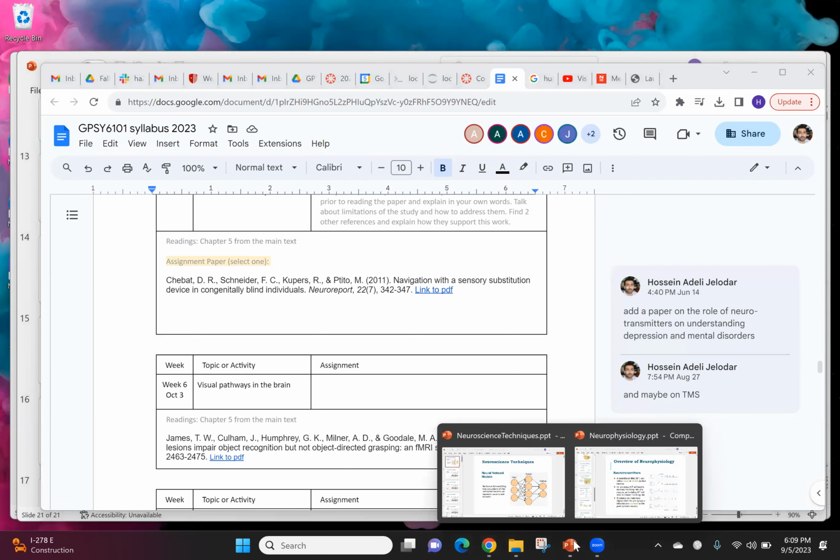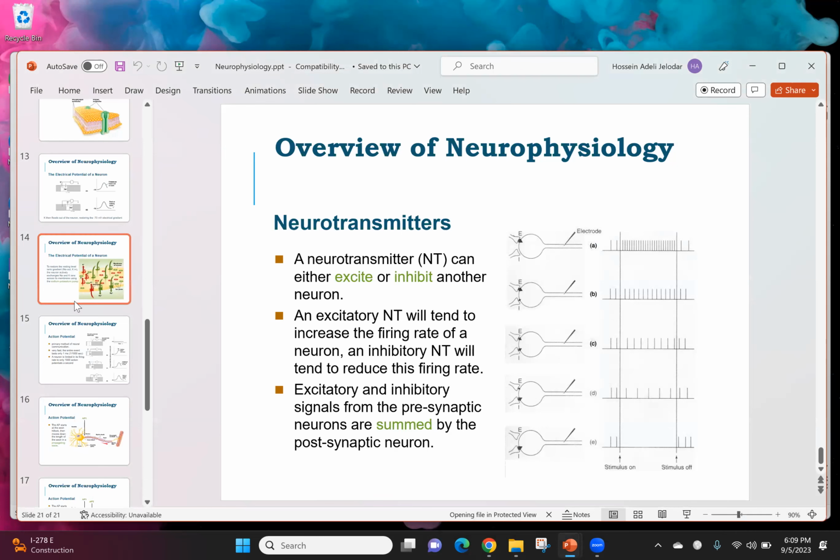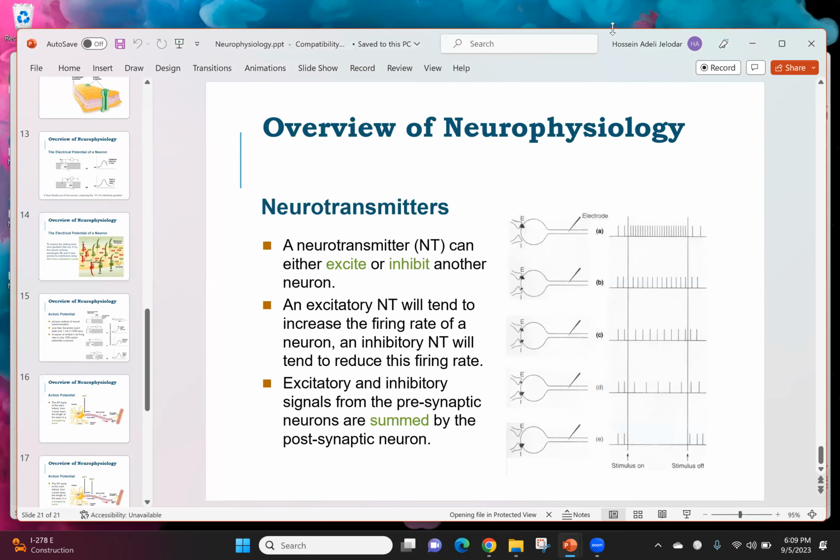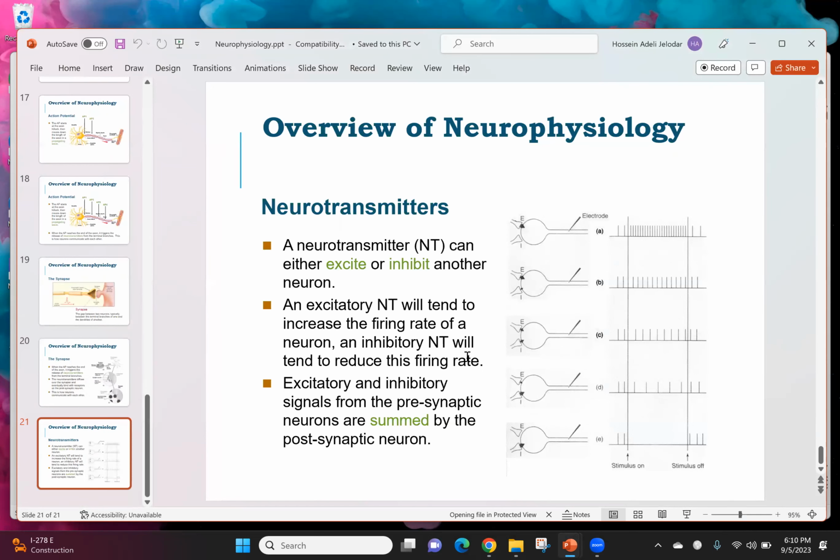So today, we're going to talk about some neural network stuff and some different neuroscience techniques. Where did we leave off last week? We left off at this slide where we talked about how different neurons can communicate.